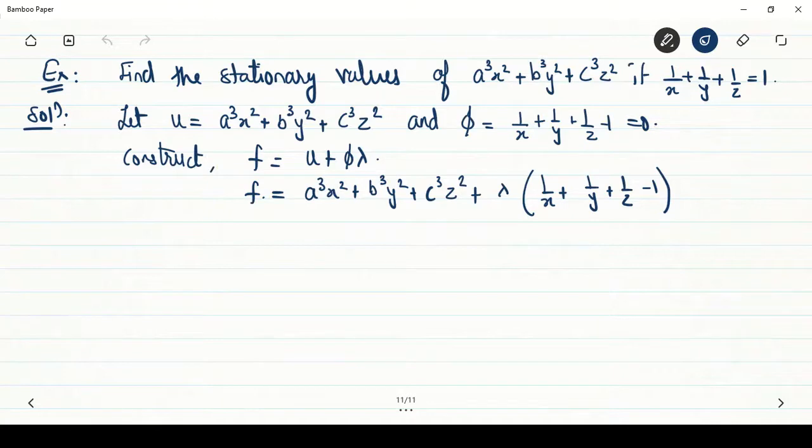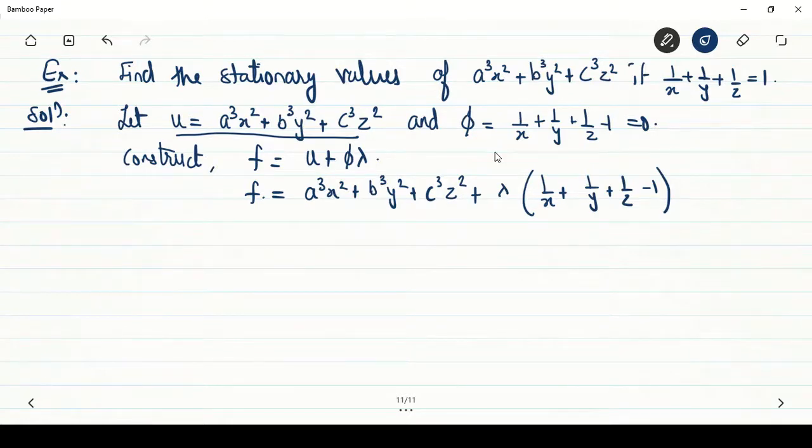We will assume that u is the function for which we have to find the stationary values, that is u equals a cube x square plus b cube y square plus c cube z square, and phi is the function 1 upon x plus 1 upon y plus 1 upon z minus 1 equals 0.